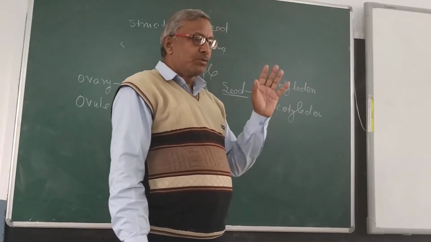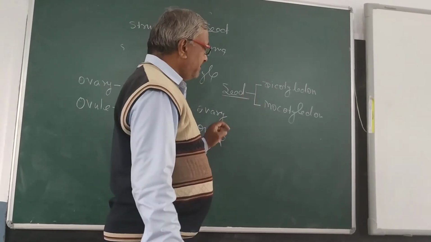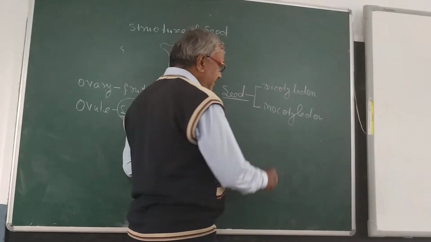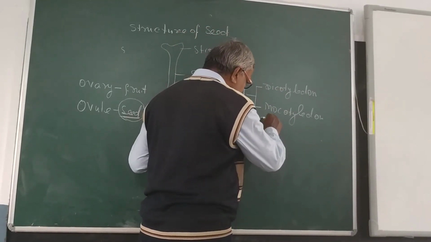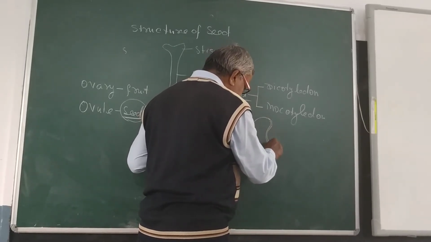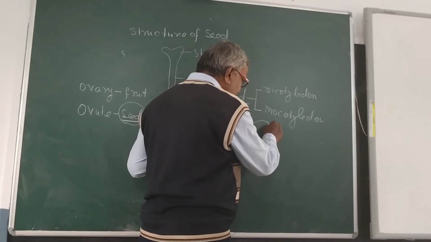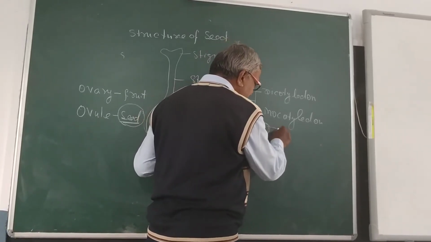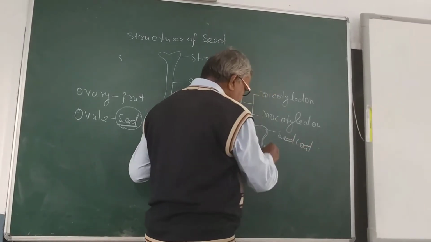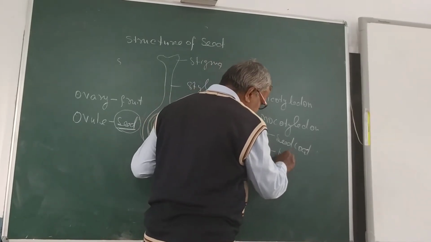After removing the outer covering of the seed, that is the seed coat, if there are two cotyledons, as you are taking the bean seed, this is the structure of the bean seed. It is covered by a hard protective covering, that is called a seed coat, and there is a white spot, this is called a hilum.